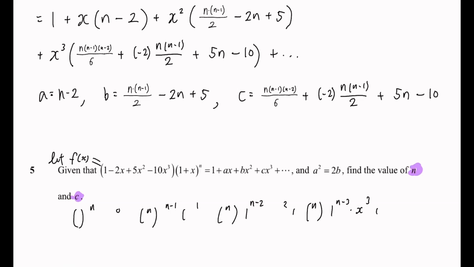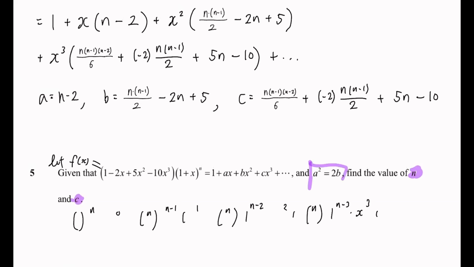How? We know a squared equals 2b. Then we can just substitute. We have a, we have b. So since a squared equals 2b, replace a and b.